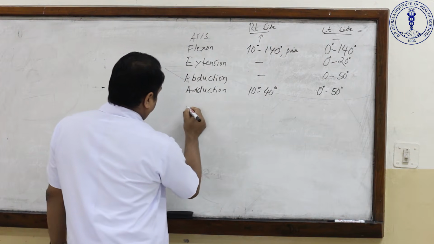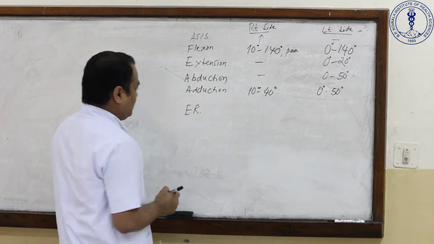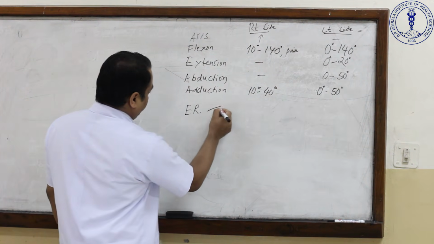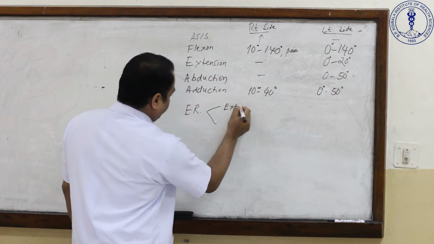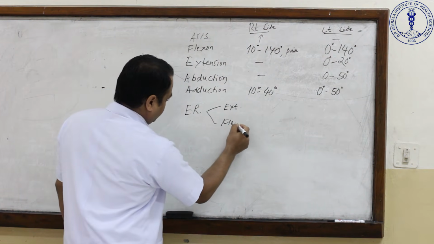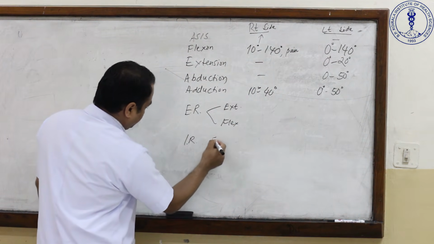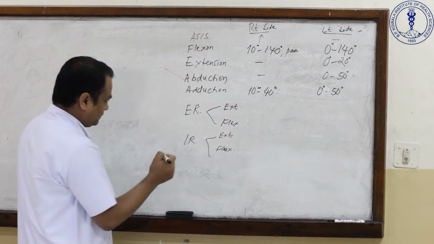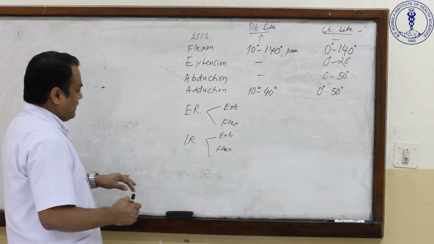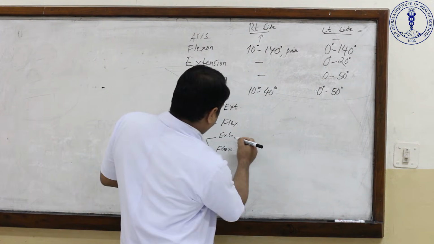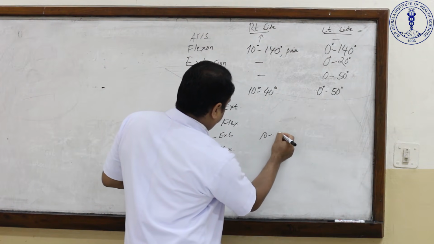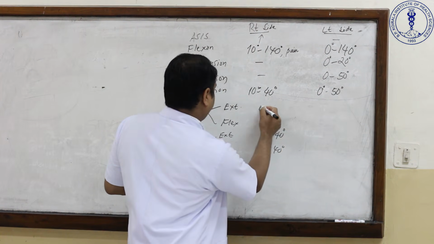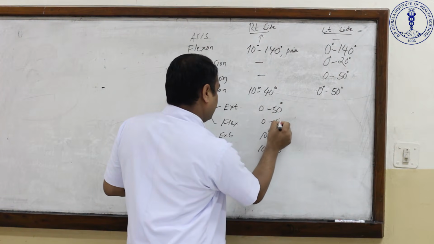Next is the external rotation, ER. We have assessed the external rotation of the hip in flexed hip and extended hip. So you can write ER in extended hip. The EXT means in extended position. This is in flexed position. Similarly, internal rotation in extended hip and flexed hip. Let's say for a patient, the internal rotation in extension is from 10 to 40 degrees, and in flexion also 10 to 40 degrees. Here on the other side it is 0 to 50 degrees and 0 to 50 like that.